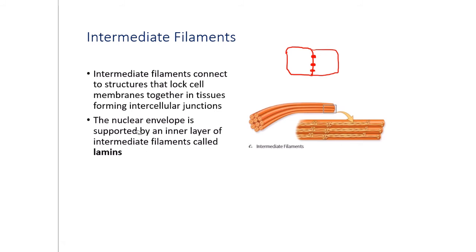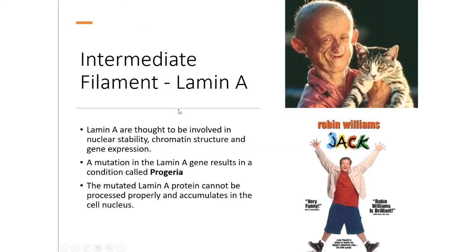The nuclear envelope is actually supported by an inner layer of intermediate filaments called the lamins. And what happens is if the lamin is mutated, then it could affect the nuclear stability. And if the nucleus is not stable, then chromatin structures and the gene expression are going to be affected.